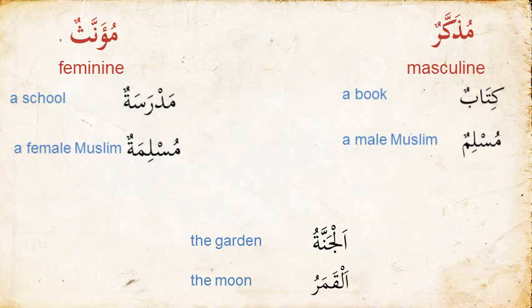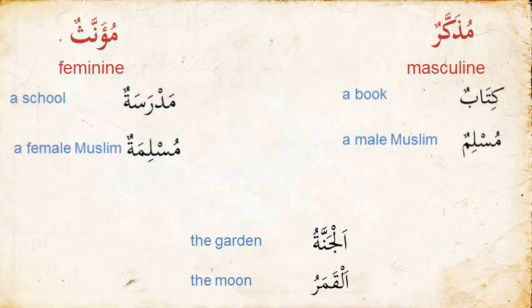For example, male Muslim, female Muslim, male writer, female writer. But when it comes to inanimate objects like book, there is no male and female version, there's only one version. For example, you have the word kitabun, and there is no kitabatun, because there is no female version of a book.